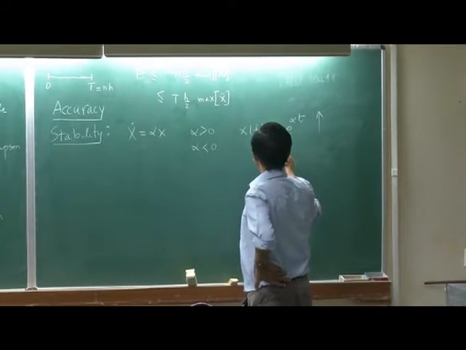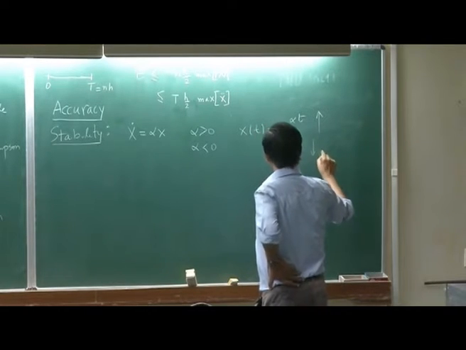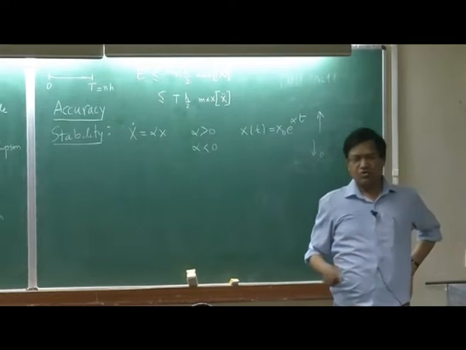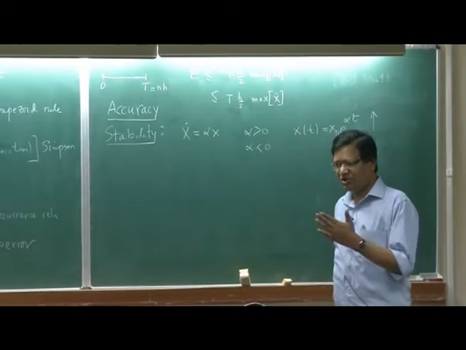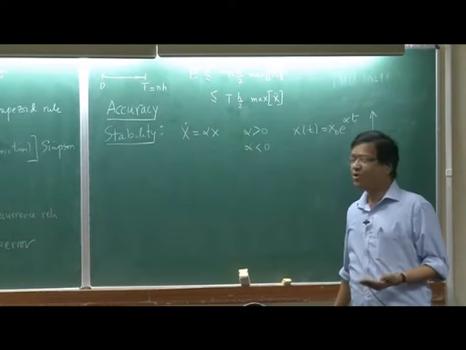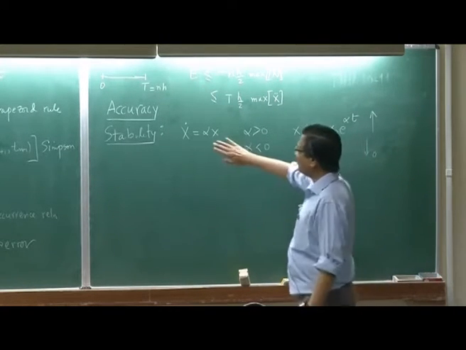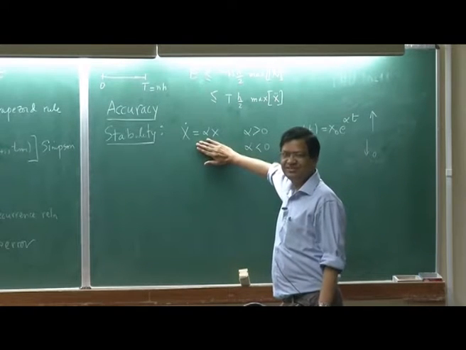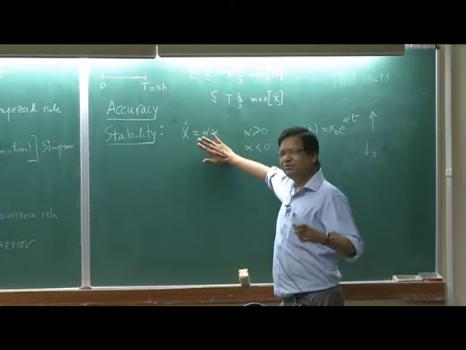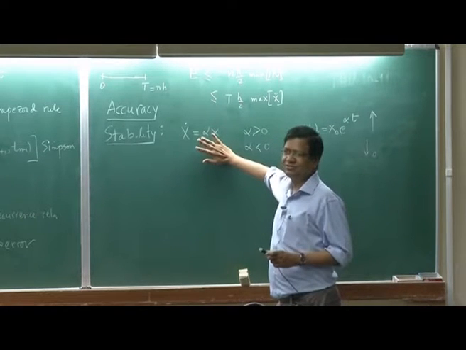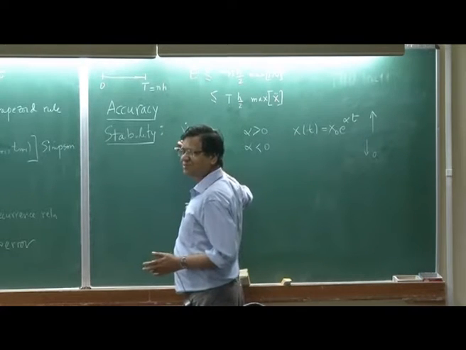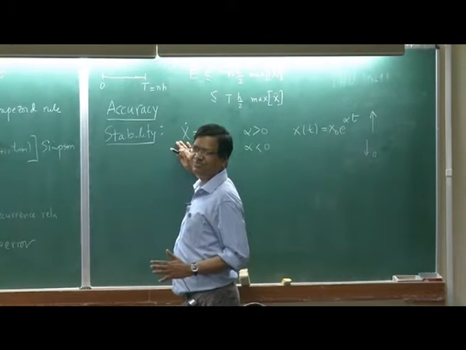The solution goes to 0. If my physical solution is growing, my numerical solution should also grow. You may call this an unstable system, and in fact this is called an unstable system in physics, but we don't call that unstable in a numerical scheme. We are talking about numerical stability. So in a numerical computer, we don't call this unstable.